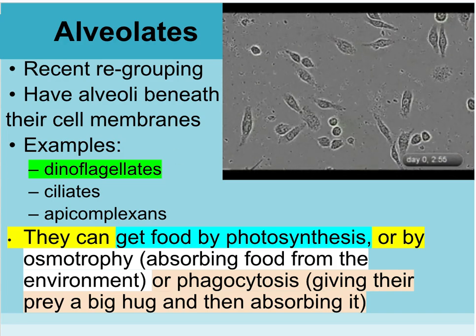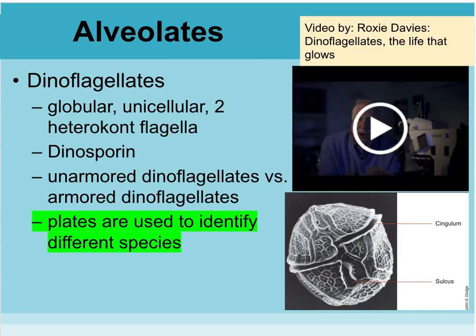These are critically important for our oceans, especially the dinoflagellates, because this is the plankton that forms symbiotic relationships with our coral that ends up giving our coral a lot of their food. They all have different plates, and that's how they are basically classified.